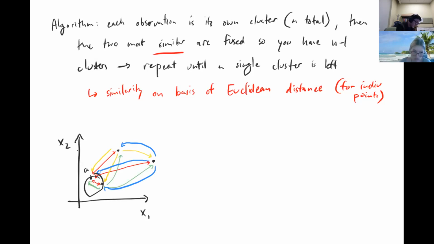So if this was A, B, C, D in the tree, I'm going to connect these guys first. And that's the similarity on the basis of Euclidean distance.